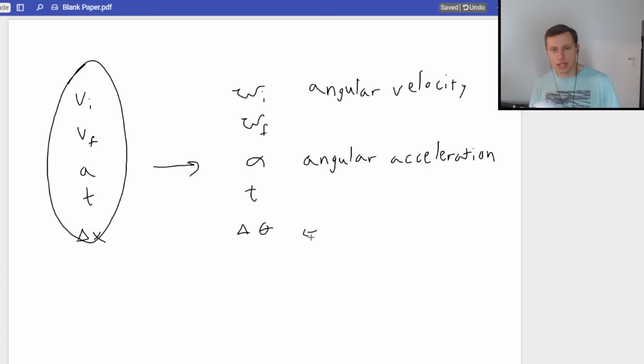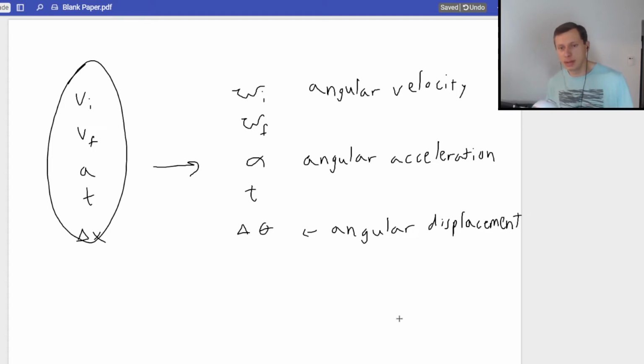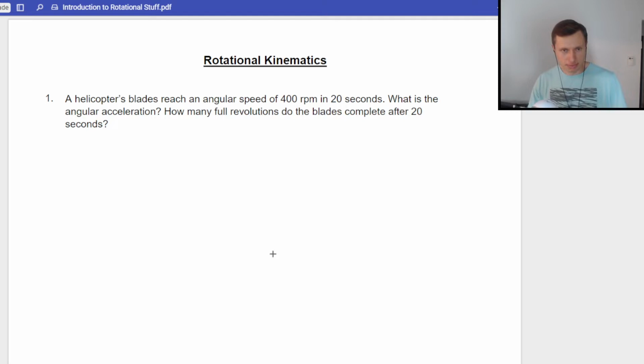And then delta theta is going to be angular displacement, which to you means how many times around a circle we're going, but the units need to be in radians, which we'll talk about today at length. Okay, any questions so far? So again, we are going to be using the kinematic equations, except their angular counterparts, which we'll discuss in just a couple minutes. So let's go ahead and jump into the first problem here.